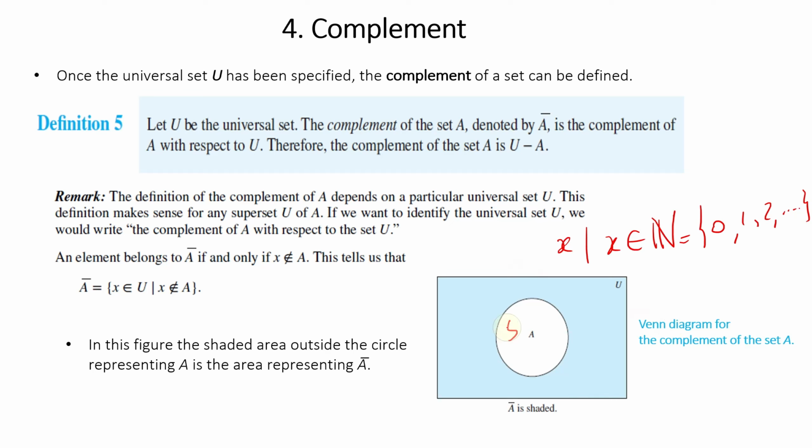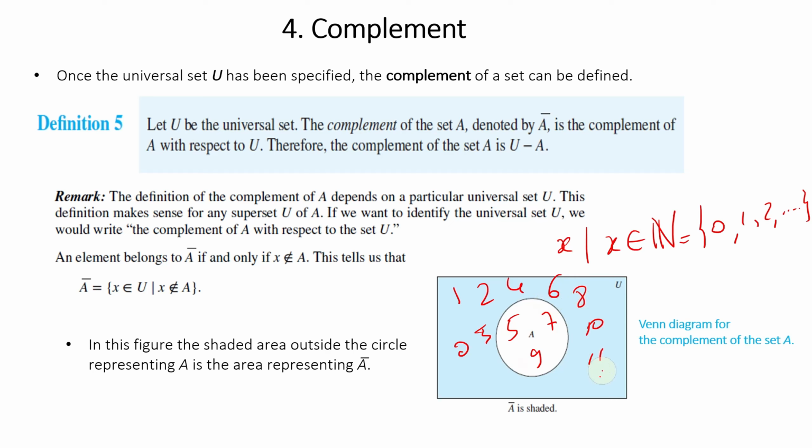Now, if A is going to be 5, 7, 9, okay, I'll remove this one, I don't need it. So 5, 7, and 9. That means outside of A is all the other numbers, so 0, 1, 2, 3, 4, and 5 is here, I'm not going to include that. 6, 7 is here, I'm not going to include it. Then 8, 9 is here, I'm not going to include it.